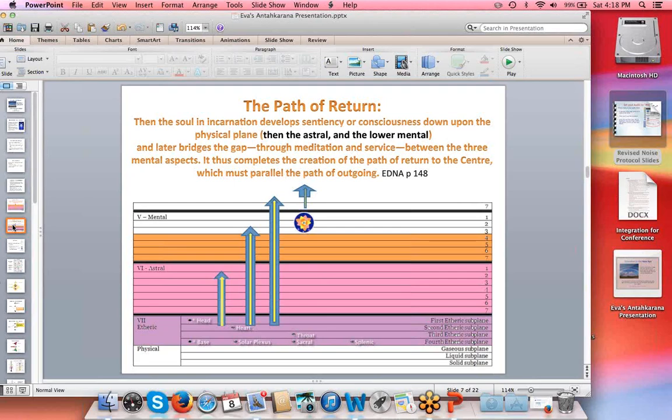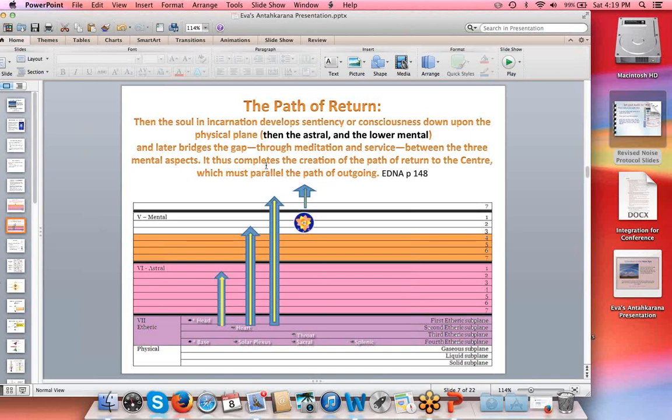In other words, the concrete mind that we talked about earlier. And later, it bridges the gap through meditation, through service, through understanding between the three mental parts. It is the lower concrete mind, the son of mind, which is the soul, and then later on the higher mind.